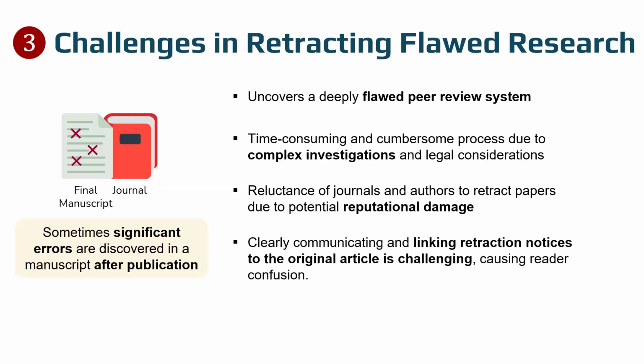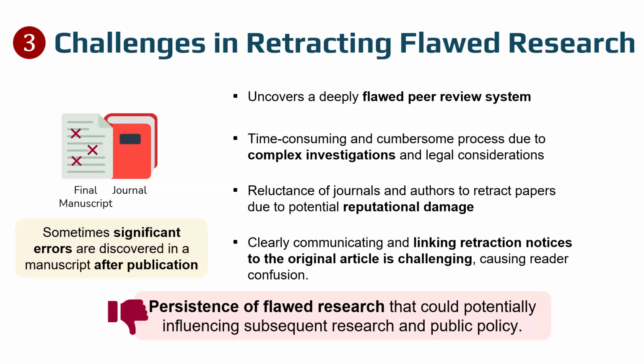There is also a big issue in linking the retraction notice to the original article. Until the article is taken down, it usually does not have a notice saying that it is being investigated and is in the process of being retracted, which makes the reader confused. The readers don't know that there's an issue with this article.